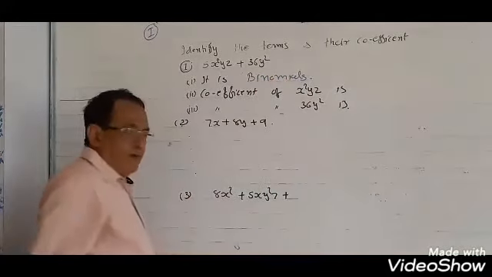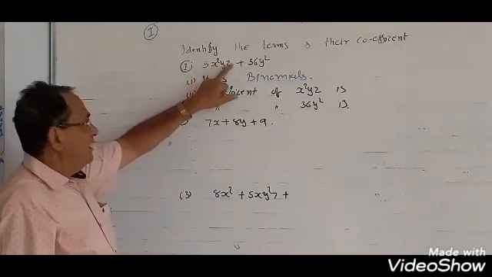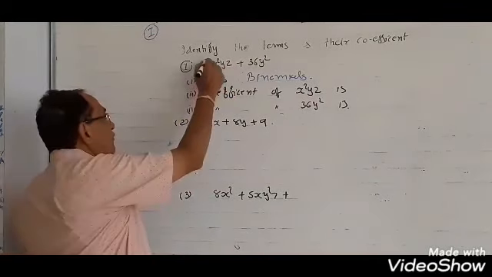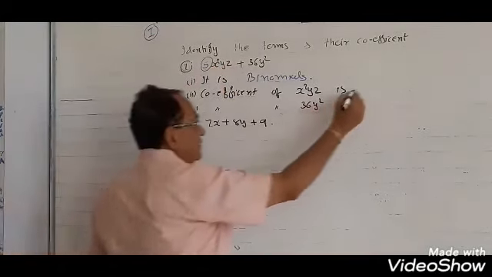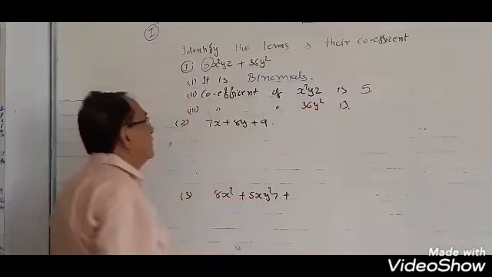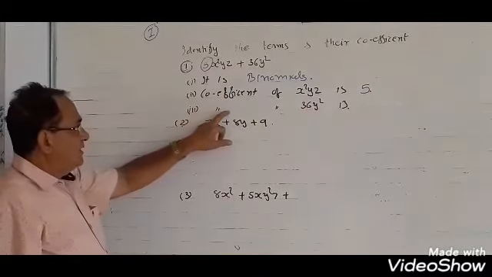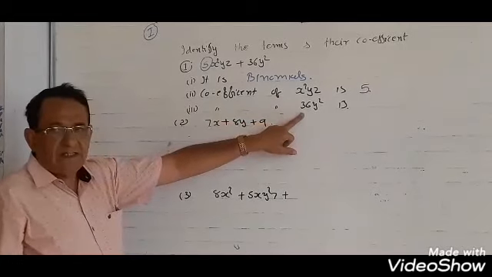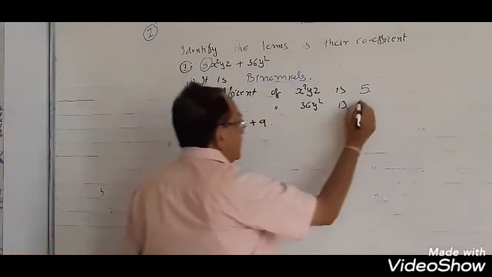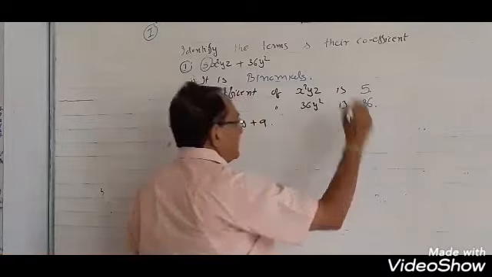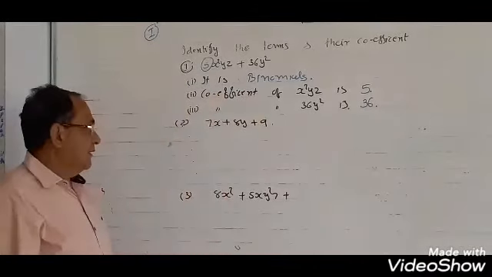Okay, now find the coefficient of x square yz, which is 5. Coefficient of 36 y square is 36 itself. Okay.